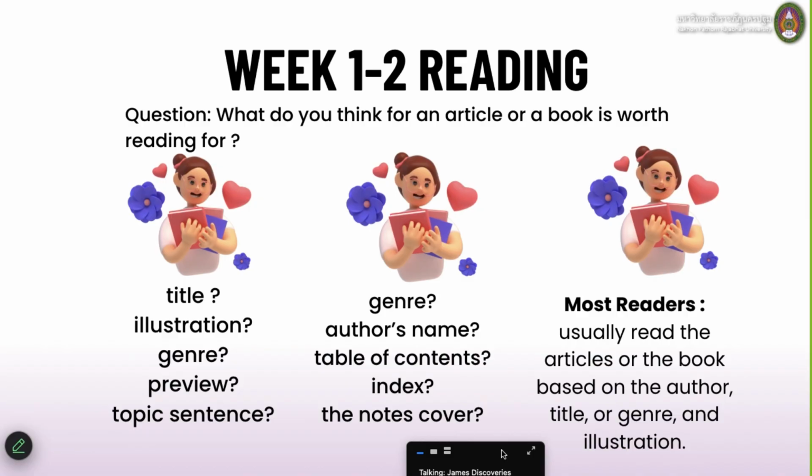So that is what most readers look at, the title of what they are reading. Also, they are going to read because of the genre they like and the illustration as well.